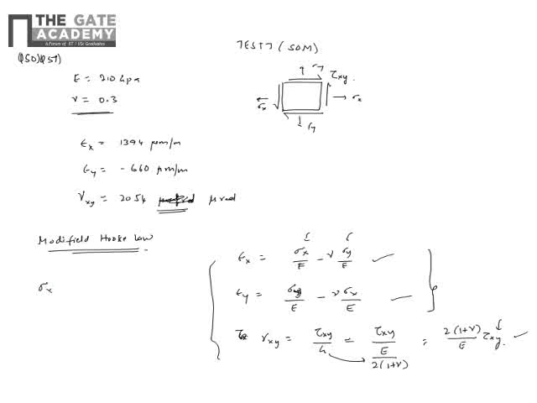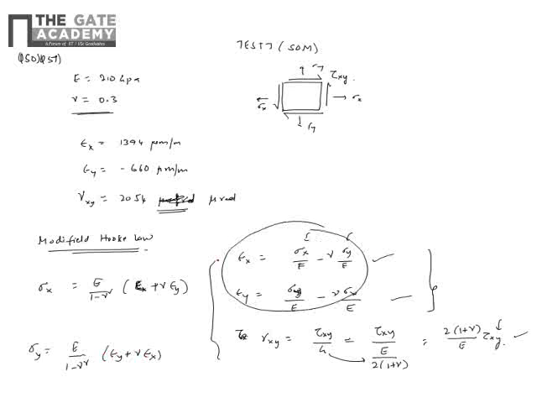If I solve, I get sigma x as E by 1 minus nu square times epsilon x plus nu times epsilon y, and sigma y as E by 1 minus nu square times epsilon y plus nu epsilon x.